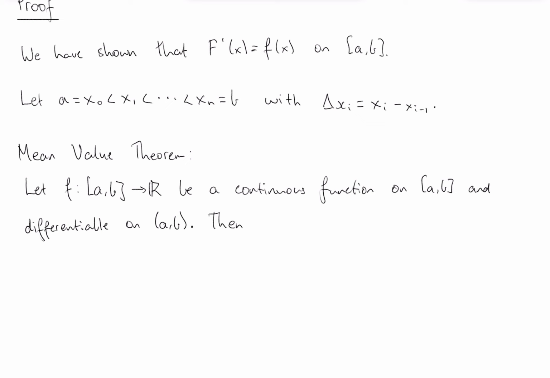Then there exists some point c in the interval from a to b such that the derivative evaluated at c is just f of b minus f of a over b minus a, so the gradient.